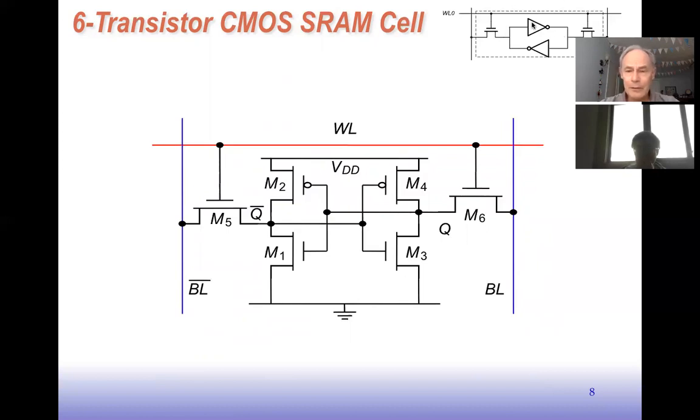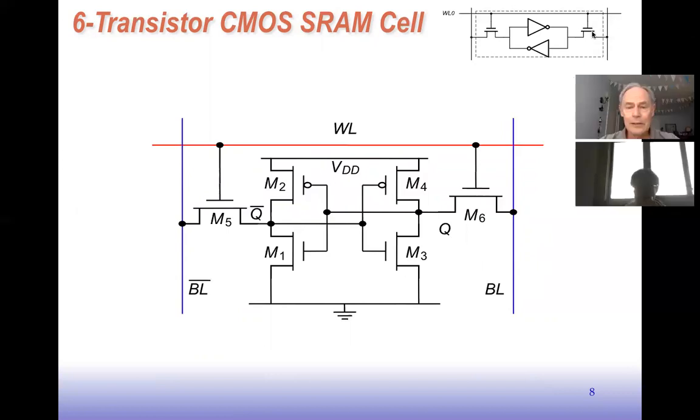So that's the basic storage, and then we complement that with 2 extra N-FET or N-type transistors, and we call those the access devices because they're used for accessing the cell, as I'll describe in a few minutes. So here's the cell in more detail. I've just expanded the circuits for the inverters here, and you can see there's the VDD node, there's a ground node.